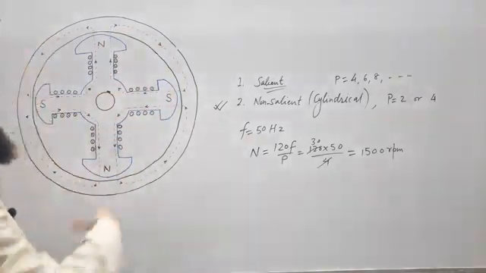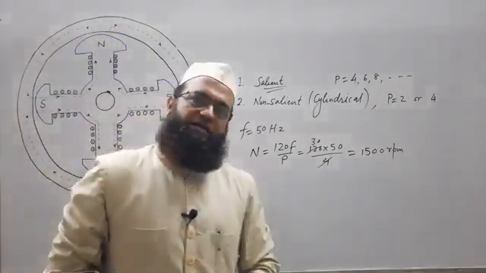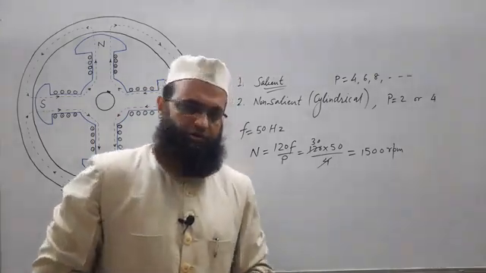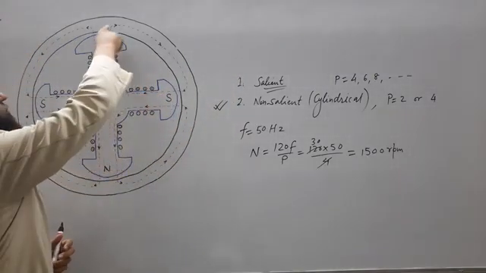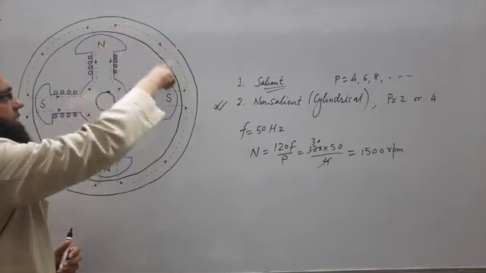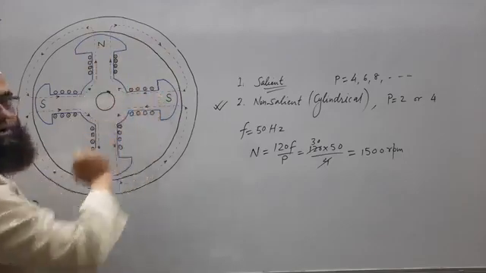You know that through this body the path having minimum reluctance will have more and more fluxes. So one closed loop will be formed as shown, creating north pole here, south pole here.